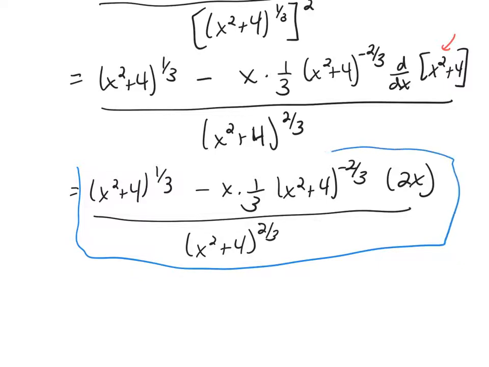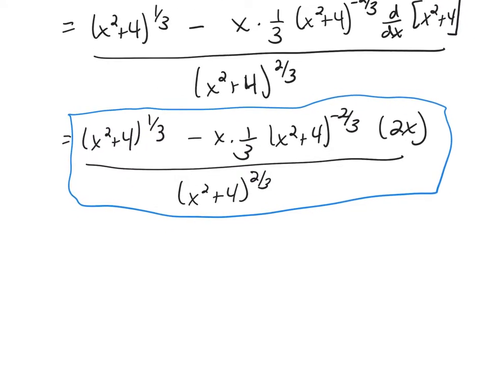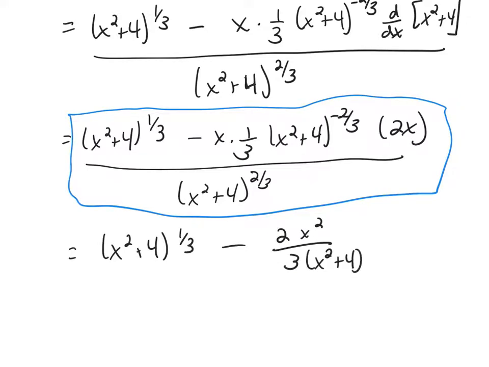Or if you want to simplify it, maybe if you're typing this in on your homework, you want to type in something less complicated. So I'm going to simplify this second term in the numerator. It would be 2x squared over 3, and I have a negative exponent, so I'm going to put it in the denominator.